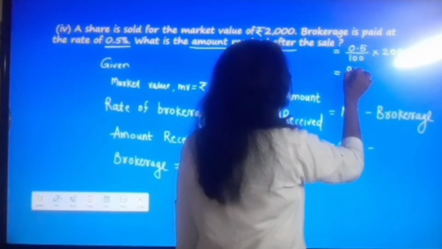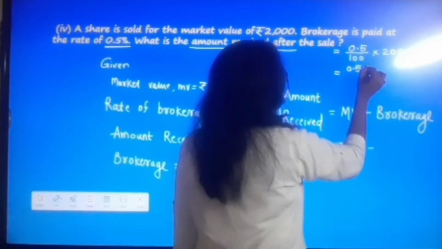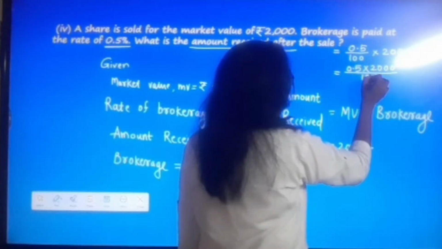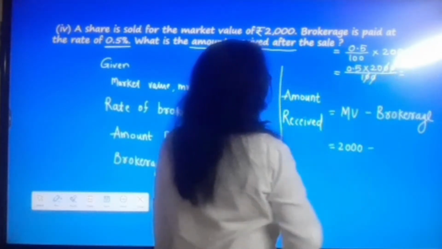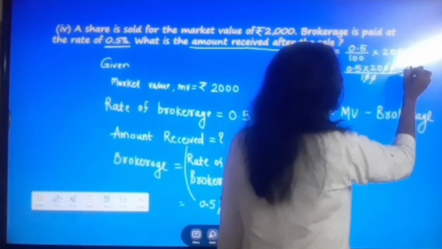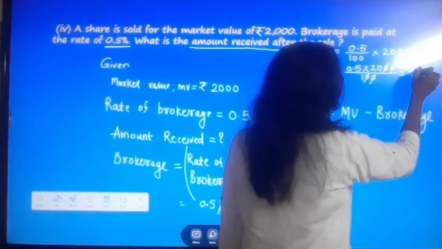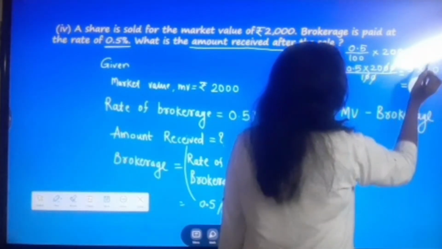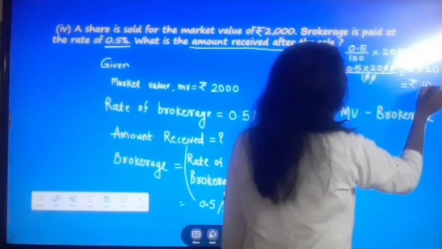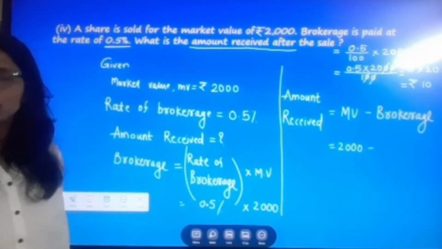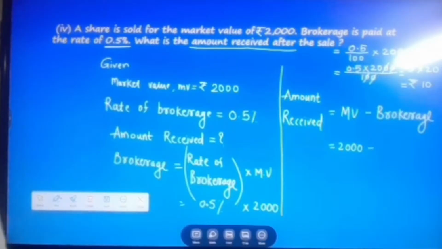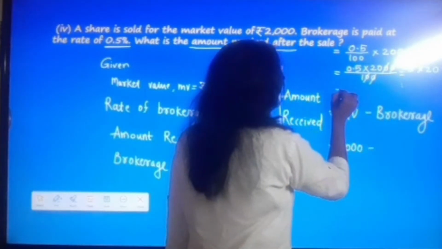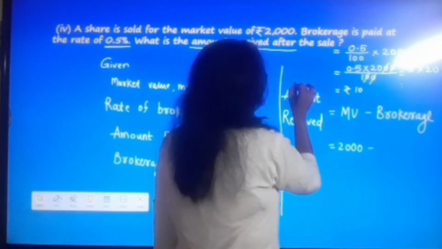So 0.5 multiplied by 2000 divided by 100. Here, students, the zeros get cancelled. Then 0.5 multiplied by 20, which is equal to rupees 10. Okay students, so this is the value of brokerage. So I write down here rupees 10, that is the brokerage.